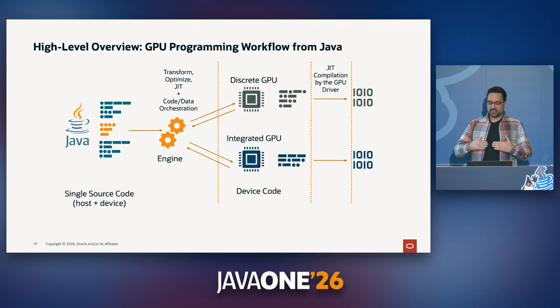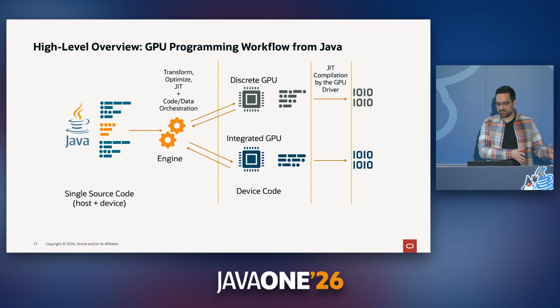So in the engine, let's say you have a discrete GPU, so we'll offload from the Java side to, let's say, CUDA code to run on an NVIDIA GPU. And then you need an extra step to transform from CUDA to the actual binary. And this is work that is done by the GPU driver. What we usually do here is to target what is called source to source.